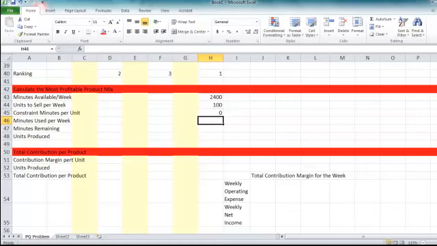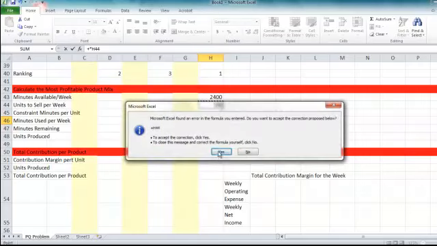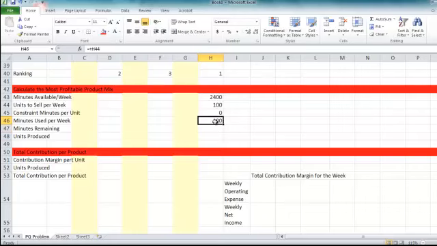So the minutes used for the week is going to be 0 times the number of units produced, or 0 again.